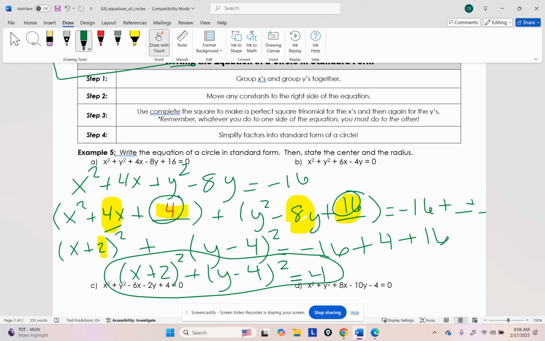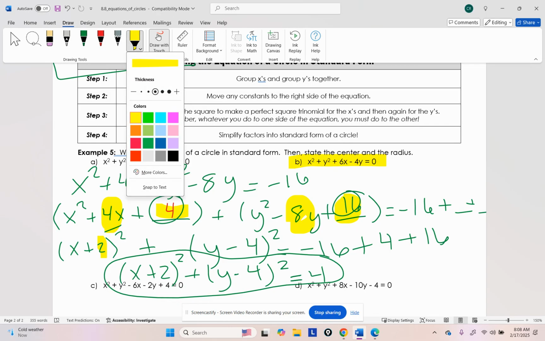Another way you can do this is you can just plug it in Desmos if you would like to. You would plug this whole equation in, look for the center, and then count from end to end to find your radius, and you should be able to write your equation from there. But that's two options.